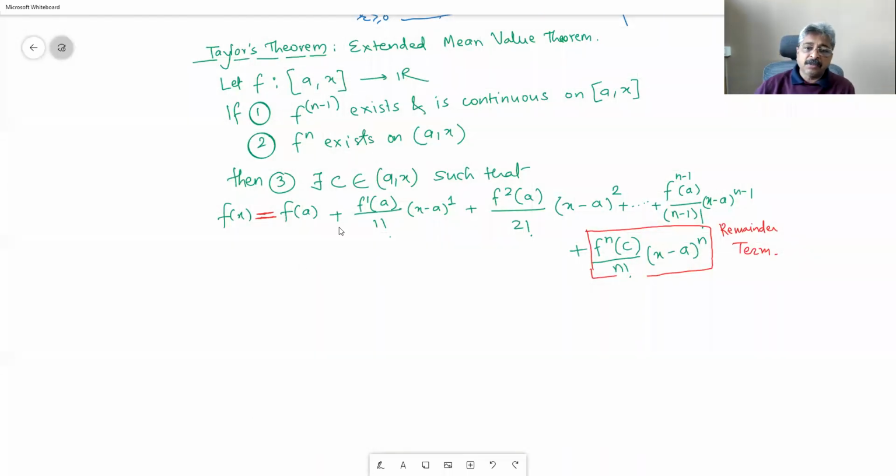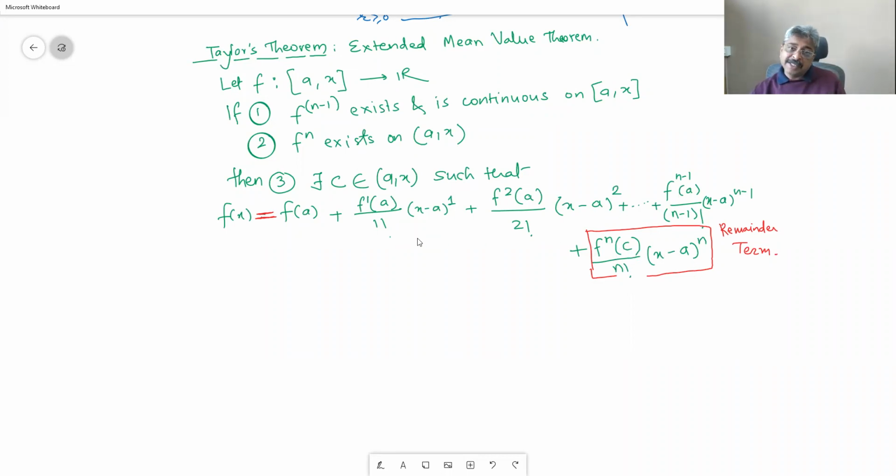Note that the first few terms, 0 to n minus 1, so the total first n terms are looking like a polynomial only, except the last term which is the remainder term. And for this remainder term, the value of the difference that you are supposed to add is being evaluated here. So the difference between all earlier terms and last term is that the nth derivative is not to be evaluated at a, but at some point between a to x, and there will exist a value of c.